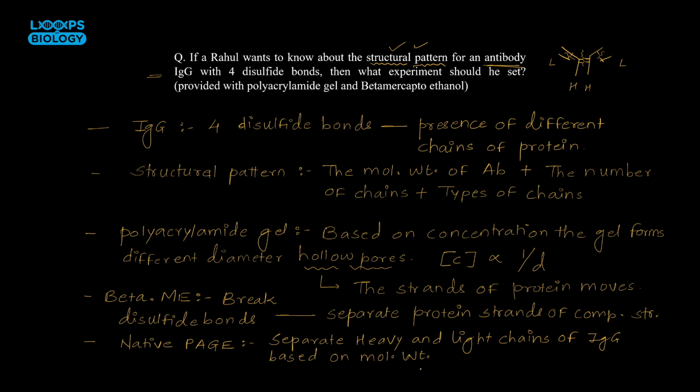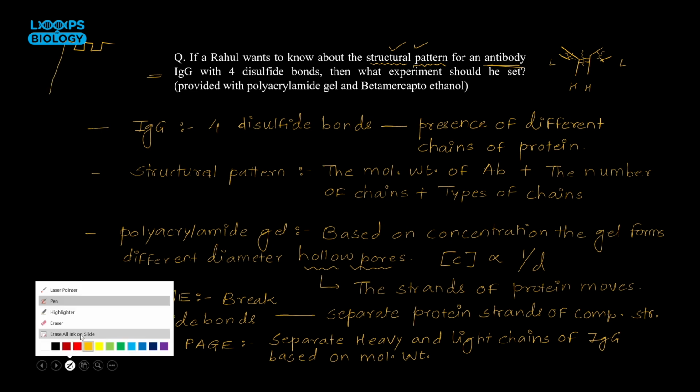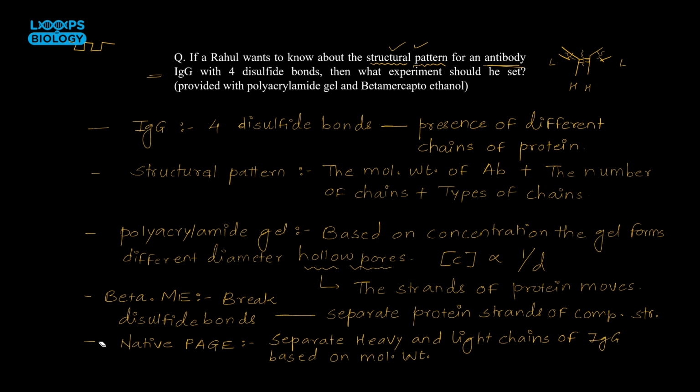And depending on the number of bands, if suppose the gel is like this, and this is your one band, this band represents heavy strand, while the band coming at the bottom will represent your light strand.